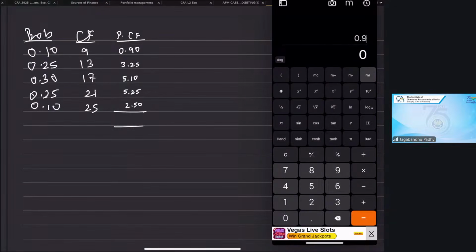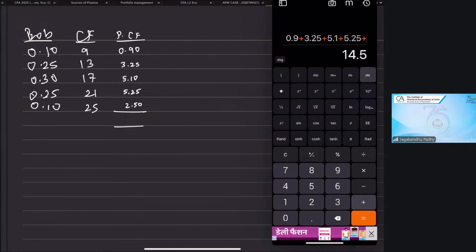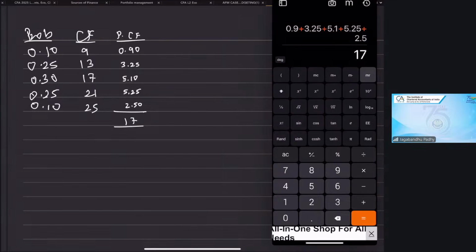If we add them, 0.9 plus 3.25 plus 5.1 plus 5.25 plus 2.5, is the expected cash flow 17, everyone? Yes, sir.